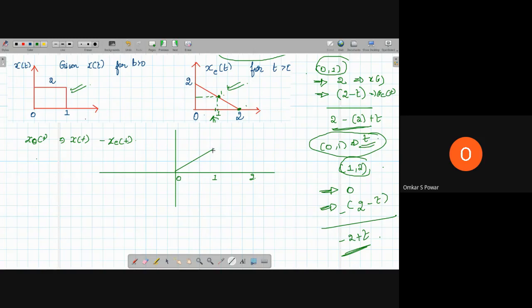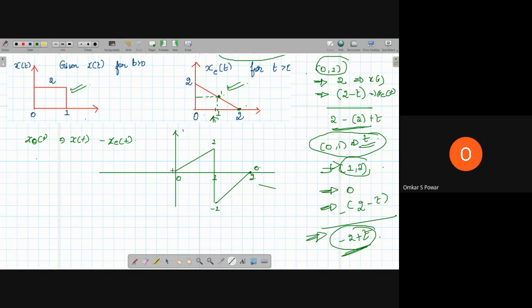Then from 1 to 2, what is the value? Minus 2 plus t, as we have done here. So at t equal to 1 it is minus 1, and at t equal to 2 its value is 0. Just substitute here, so you can complete this. So this is for the odd component.